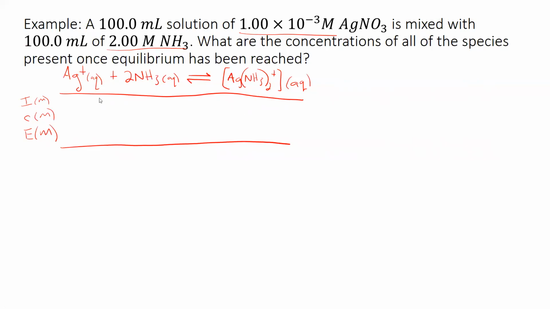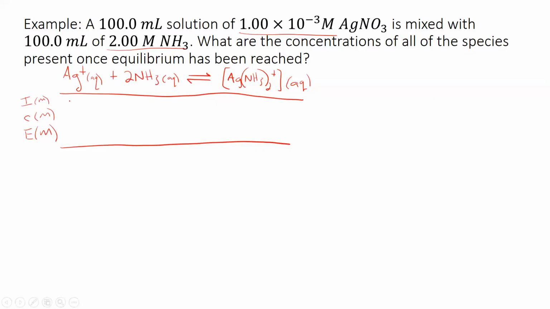And so our initial concentration of the silver ion is going to be 5 times 10 to the minus 4 molar, I guess 5.00, right? The initial concentration of the ammonia is, well, that's also going to be cut in half because of the dilution.